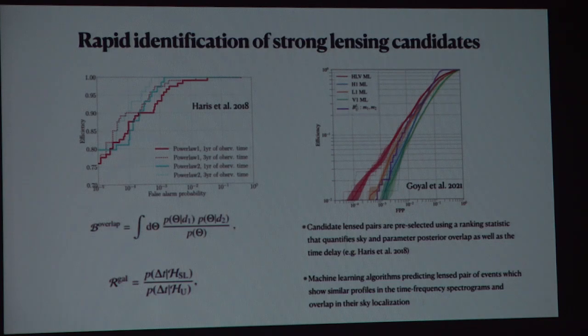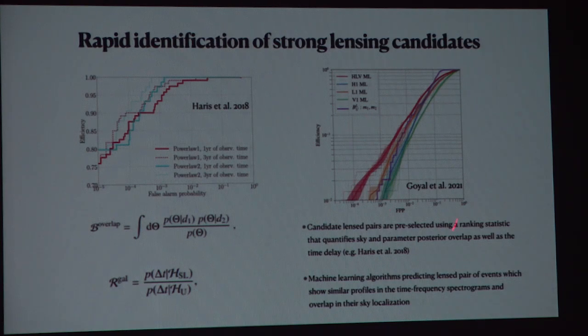Another approach that I wanted to mention is based on machine learning. This is again very important to have something that can rapidly discover candidate strongly lensed systems, so that it is possible to do subsequent, much more detailed analysis, or any other follow-up that one wants to do.